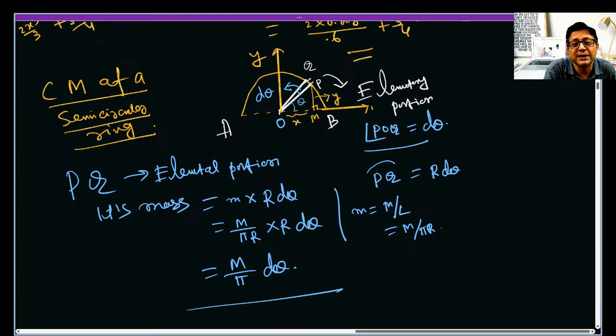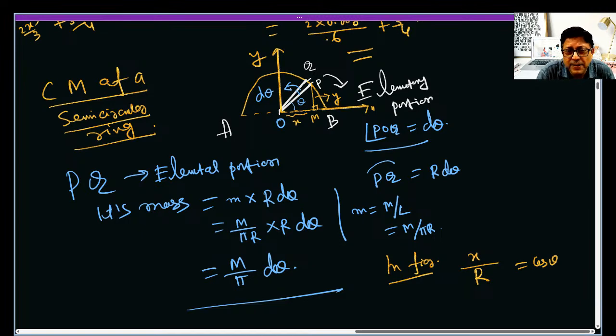Let this be the x axis. Clear? Understood? So how to get the value of x there? In the figure, x by r equal to cos theta. Agree? This point has coordinates x and y. So x will be r cos theta. Isn't it?